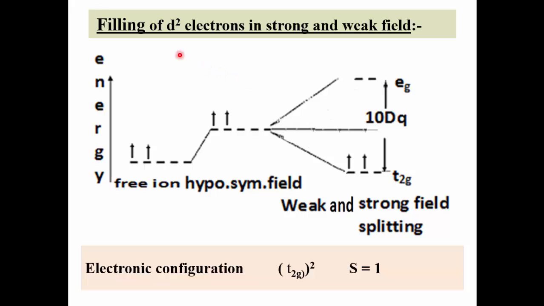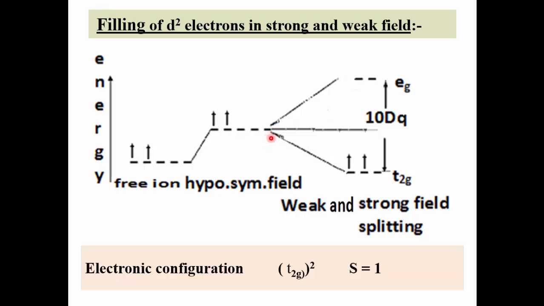Then see here, for filling of d2 electrons, in strong and weak field, the filling of electrons remains the same. Along this axis, energy increases. For the free metal ion, now see, this is the second electron. There are two electrons in the free metal ion. Both remain the same in a hypothetical symmetrical field. Now we have to fill the electrons in eg and t2g orbitals.